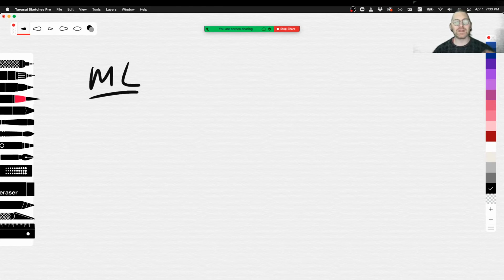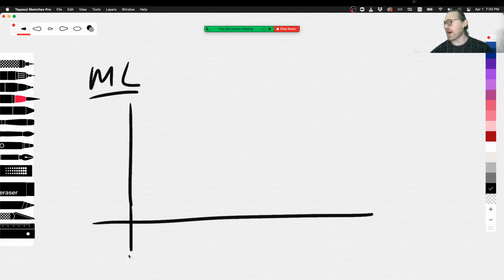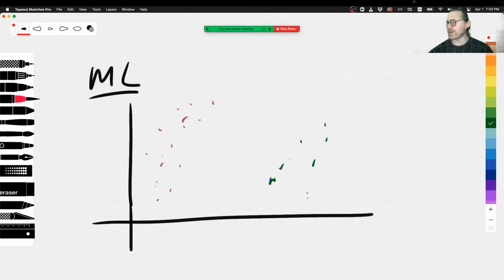But let's think about ML as ways of recognizing patterns. Well, let's start there, right? Let's say we have a plot and we have a bunch of points over here, and then we've got a different class of points, I'll use green, over here.